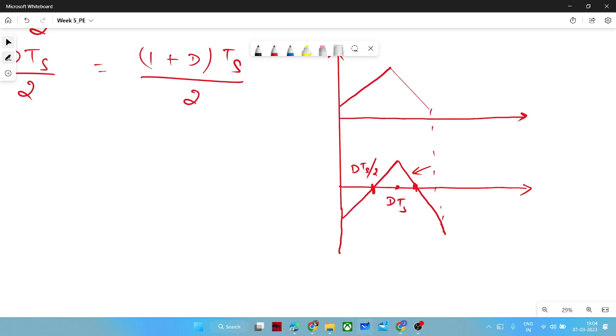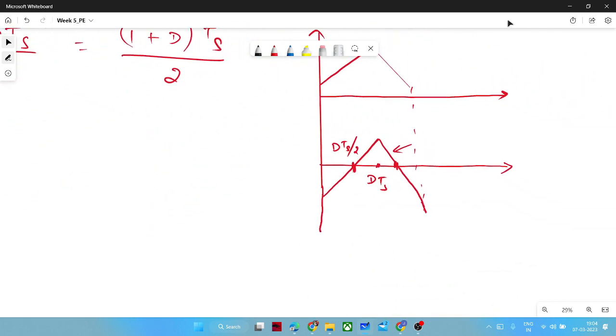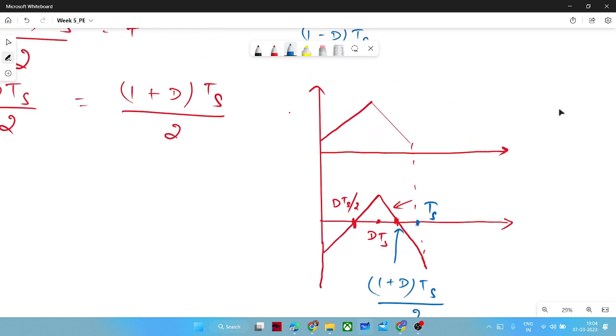So this time stamp will be again the same, (1 plus d) into ts by 2. Let me write it, and it will always be ts. It doesn't matter how much the slope of your line is, because it is just the derivative of your inductor current. So the way the inductor current behaves, the same way your capacitor current will behave, or it has to behave ideally.